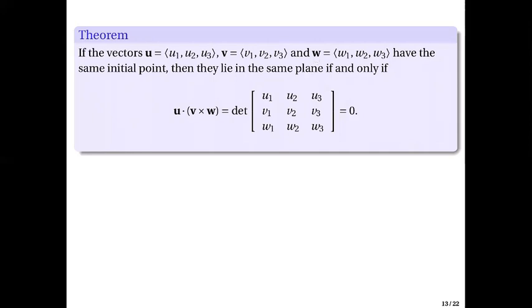Then you calculate the scalar triple product. And if it happens that it's equal to 0, then u, v, and w are on the same plane. And of course, if you have three vectors lying on the same plane, then the scalar triple product will be equal to 0.